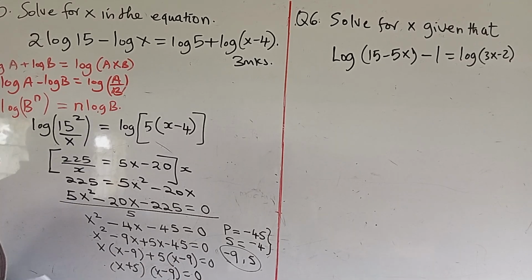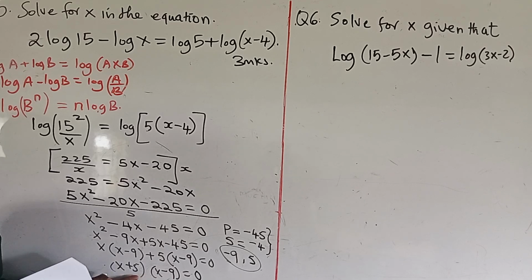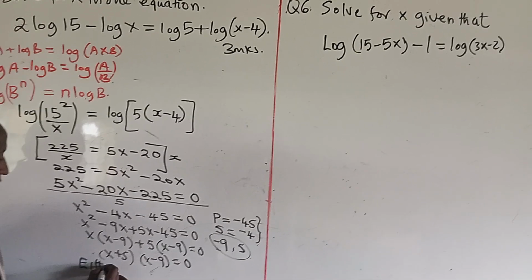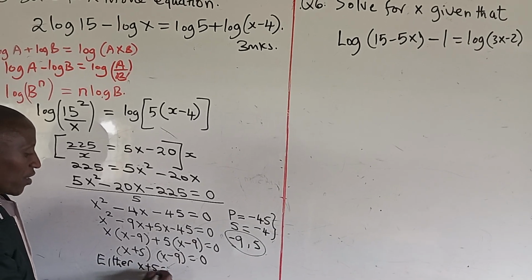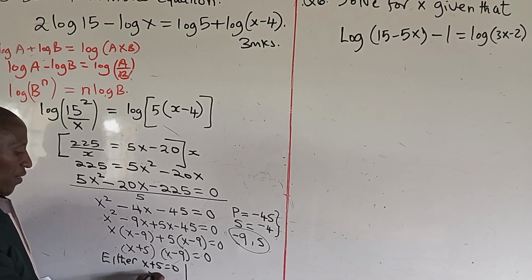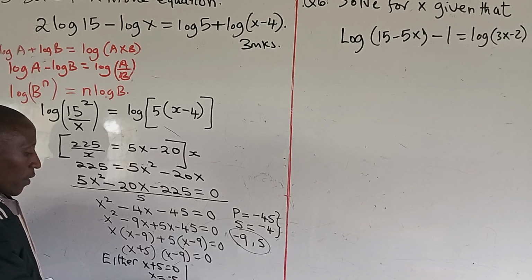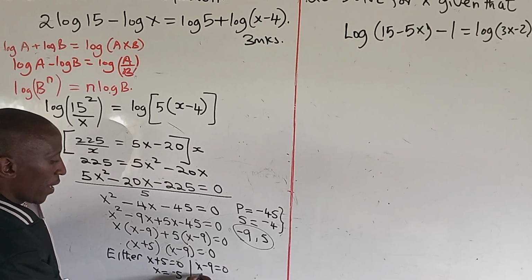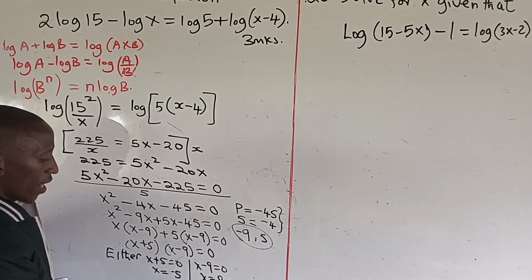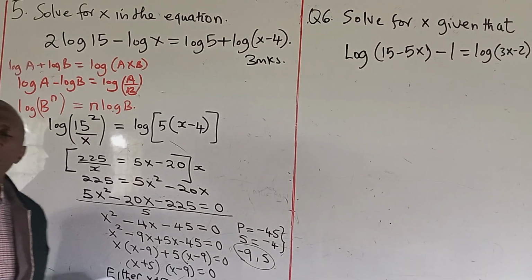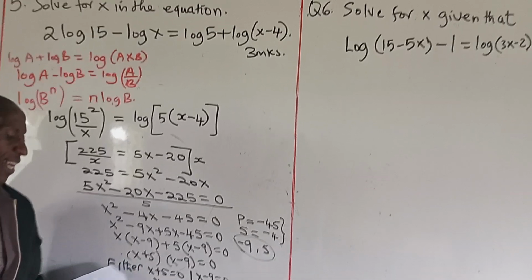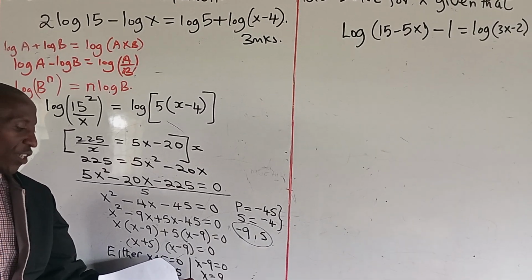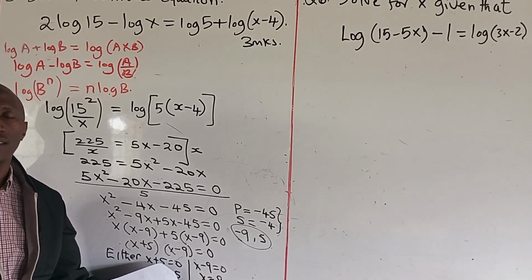In this kind of situation where two numbers multiply, one of them is equal to 0. So it is either x plus 5 equal to 0, which gives x is equal to negative 5, or x minus 9 is equal to 0, and therefore x is equal to 9. Now, viewers, this is a very crucial point. If a learner leaves these two answers here, he or she is not going to get the A1 for the answers.